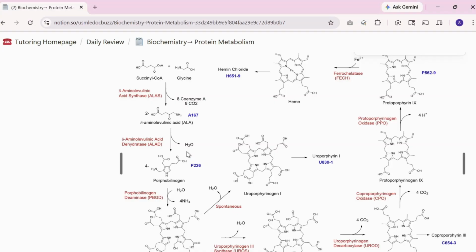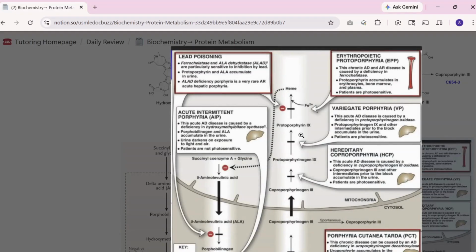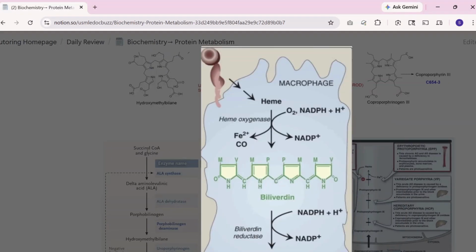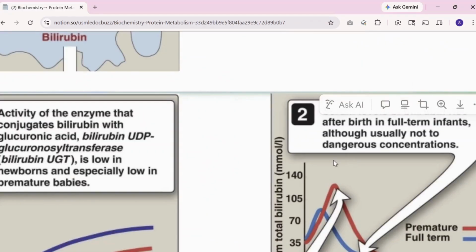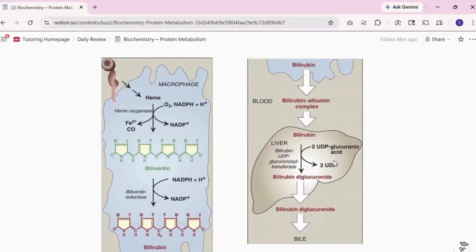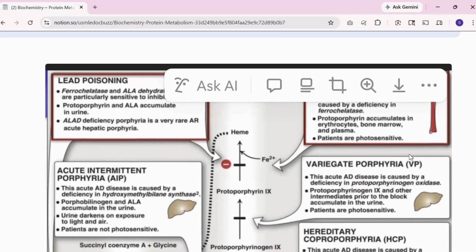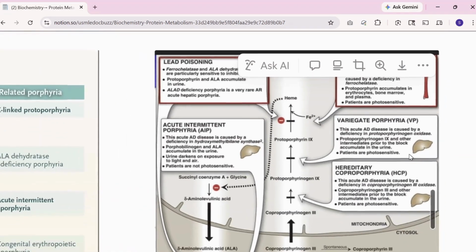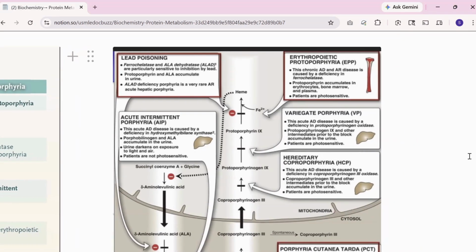I've given you a diagram right here. Let's go through it one by one. I've not mentioned it before, but the formation of heme happens between mitochondria and cytosol. It starts with the mitochondria, goes intermediately into the cytosol, and eventually comes back into the mitochondria itself. So you start with succinyl coenzyme A and glycine. You make ALA.